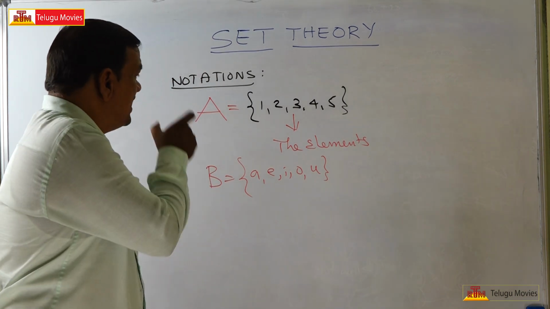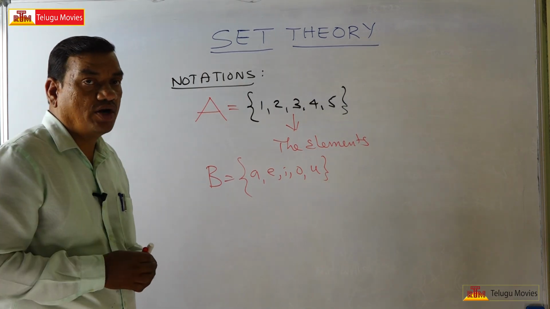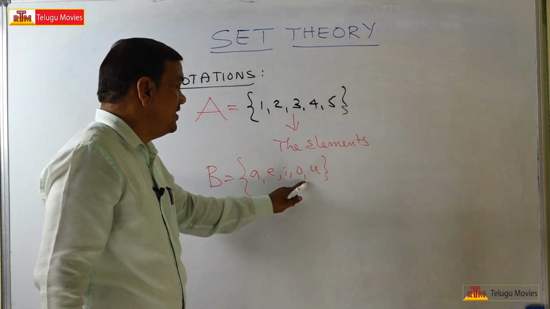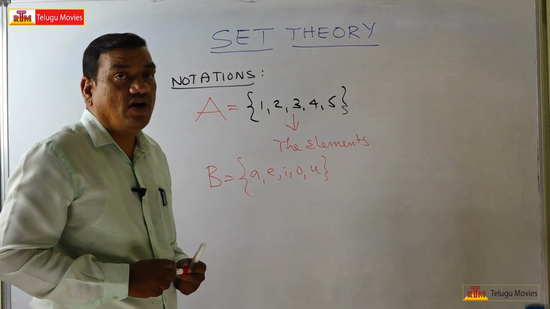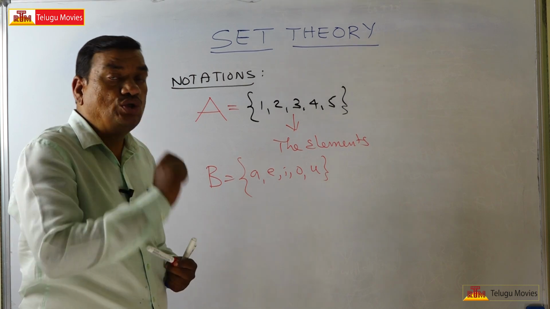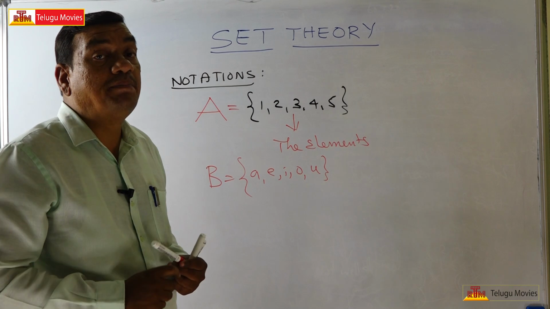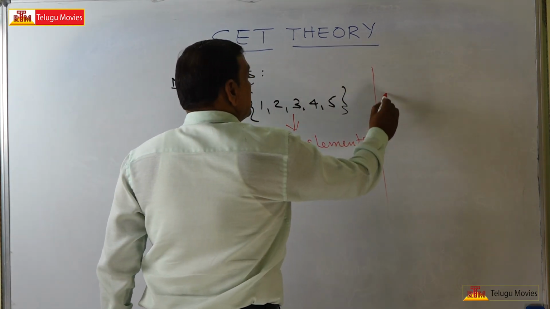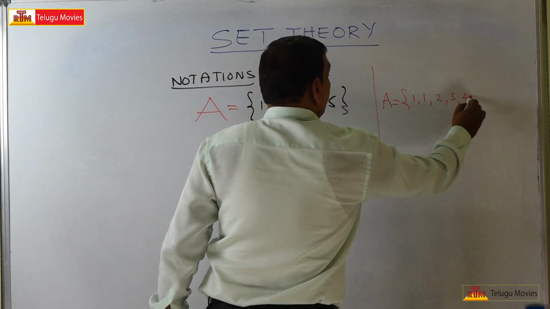While representing and writing the set, you should be careful about some important things. The first thing is every element should be separated by a comma. Second, while writing the elements in the set, there should not be any repetition. Sir, what is repetition? For example, the set A is 1, 1, 2, 3, 4, 2.